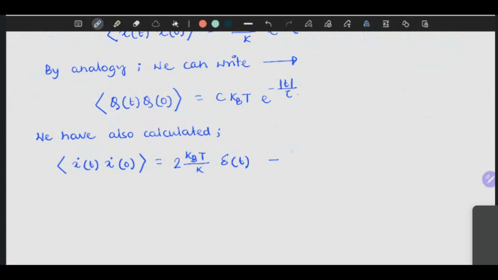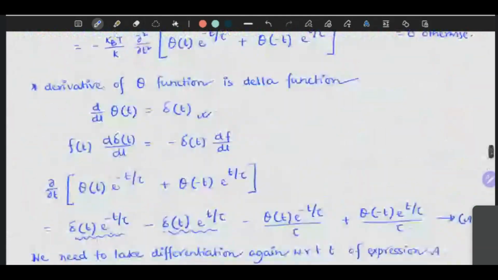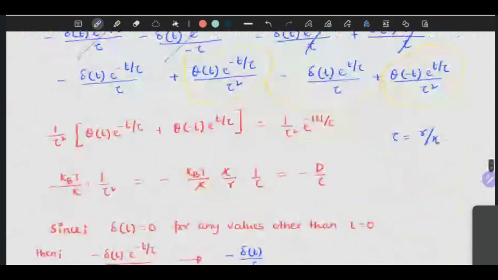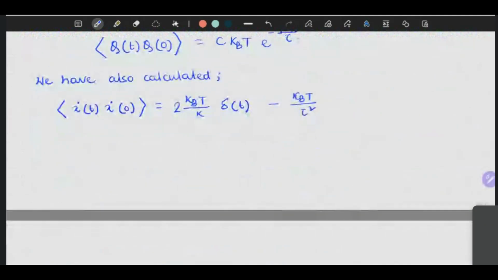So kBT by tau square, kBT by k into tau square.